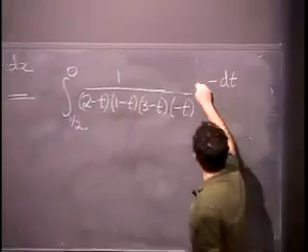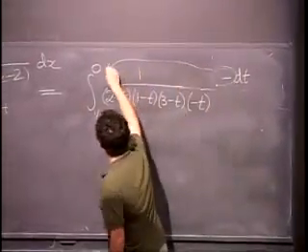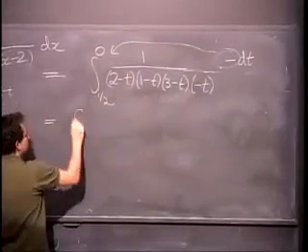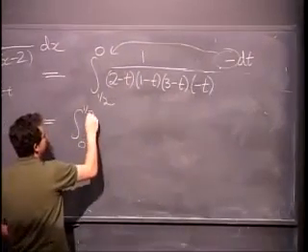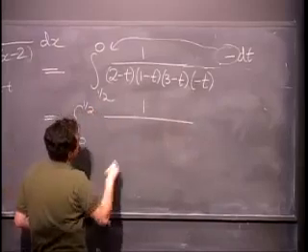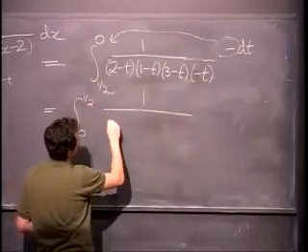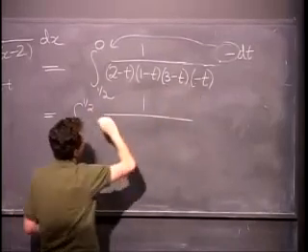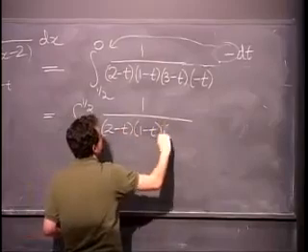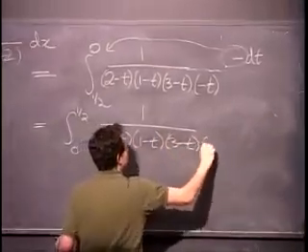I said use this minus sign to flip the bounds. So I'm going to ignore the minus sign and go from 0 to 1/2 of this quantity: 1 over 2 minus t, 1 minus t, 3 minus t times minus t.